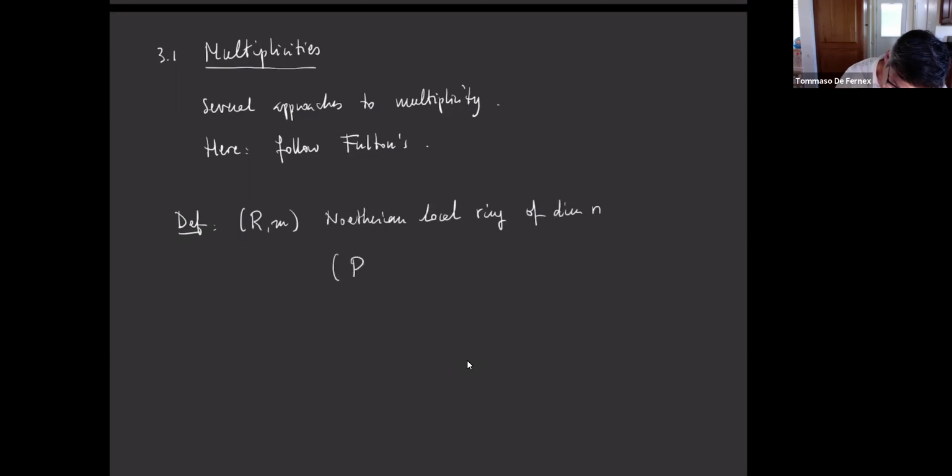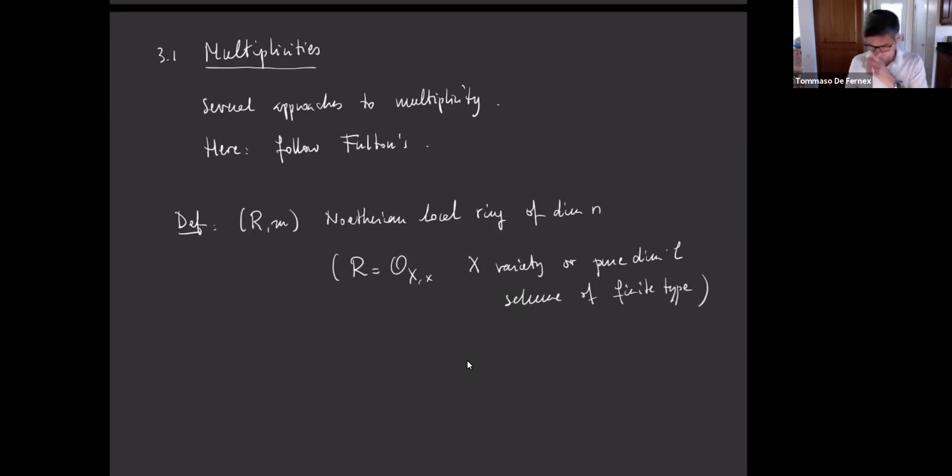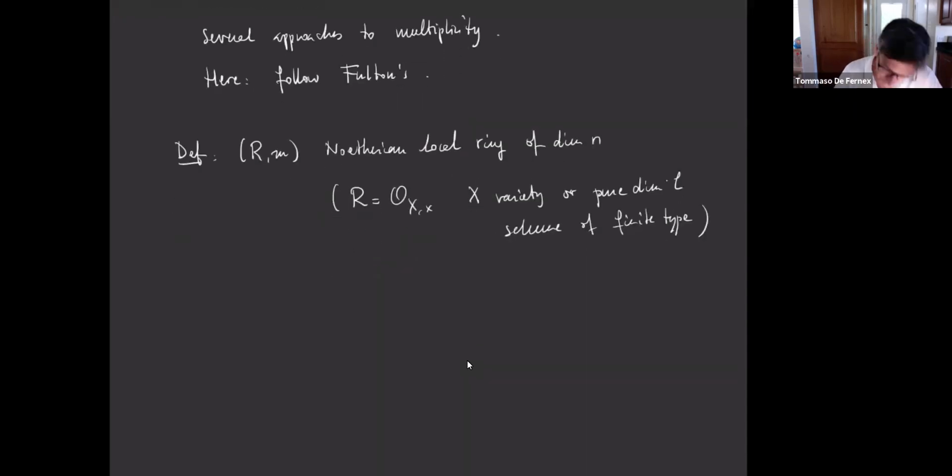Here, really, what I'm thinking about is the case when R is the local ring of some variety X, or maybe a pure dimensional scheme of any type. And then I suppose that A inside R is some m-primary ideal, meaning it only vanishes at the origin, at the closed point.